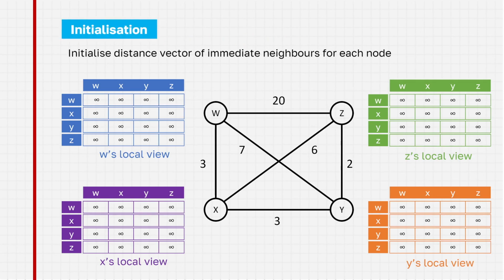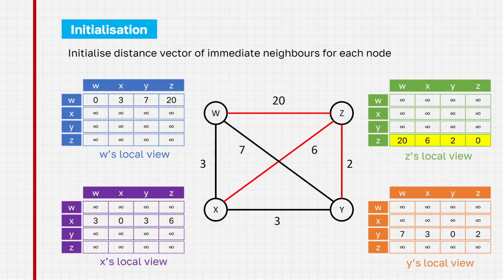So on W's local view, W can only see x, y, and z from 3, 7, 20, right? So these are the immediate neighbors. Update x's immediate neighbors, y's immediate neighbors, z's immediate neighbors. Everything else is set to infinity, because you haven't received any other distance vectors. So you see that this part, for example, z's local view, this row is basically my current distance vector. These other rows are basically the distance vectors that I will receive. Any questions thus far?